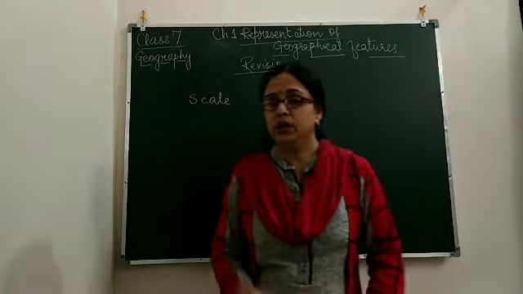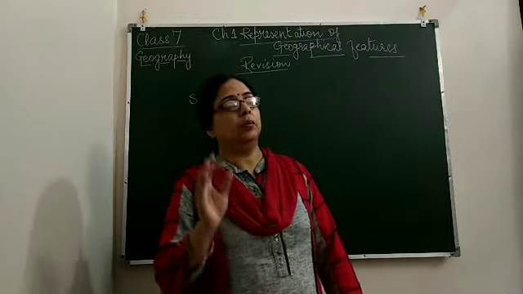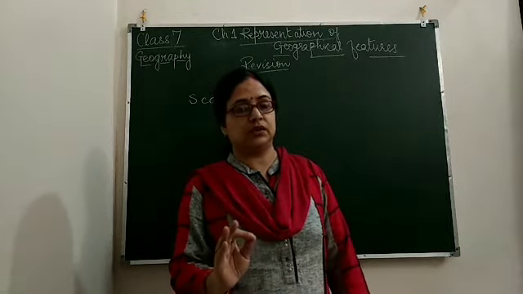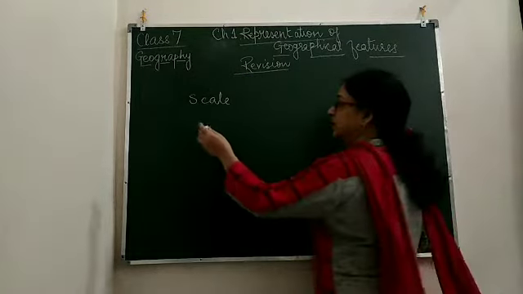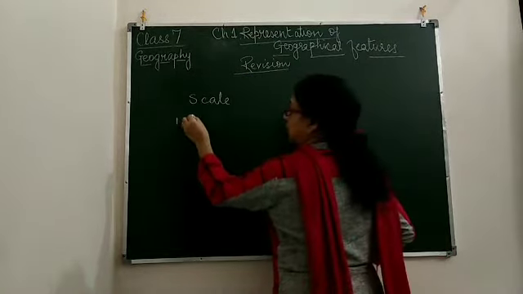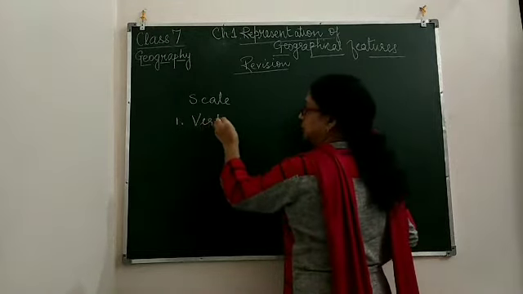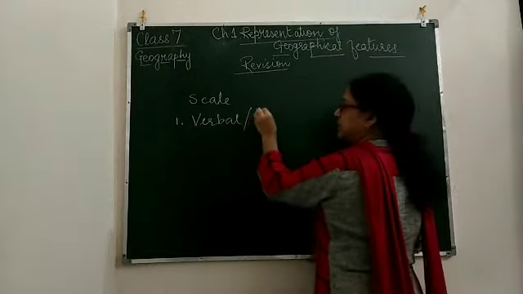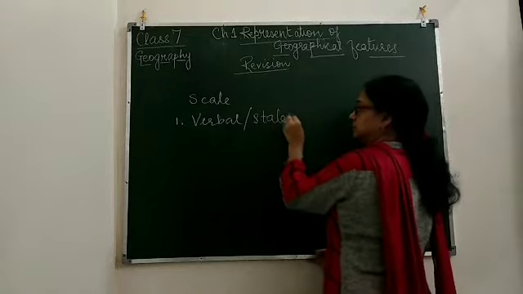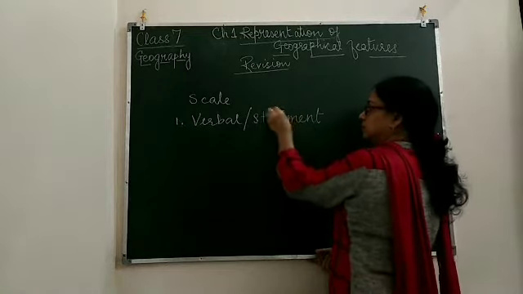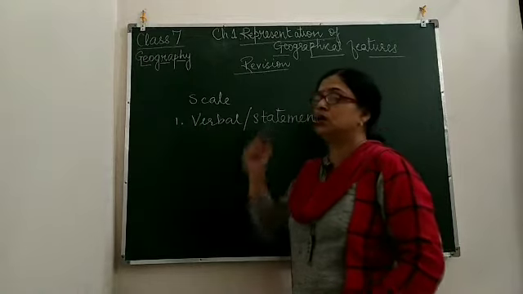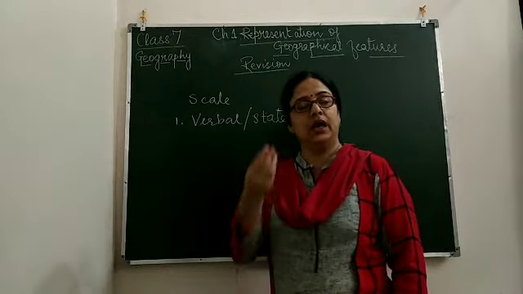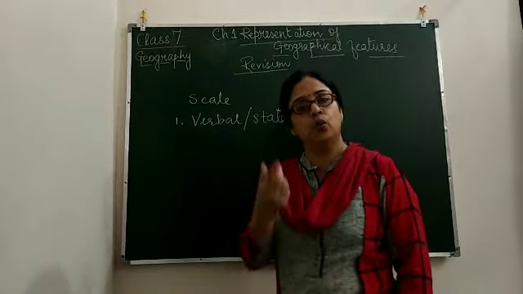Now, the scale can be measured in three ways, which I already explained. First one is the verbal or the statement scale. Learn both the names. Now, what is the verbal or statement scale? It is expressed in words.